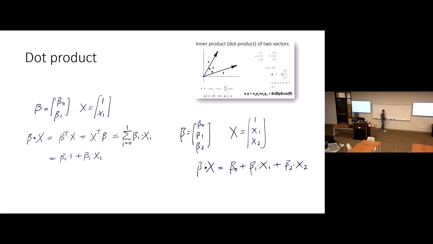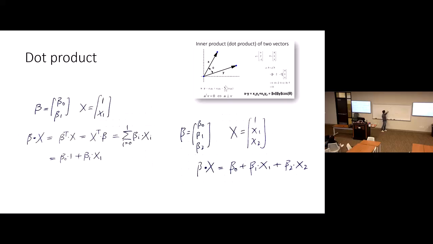So this is regression. Beta is the coefficient. Beta contains beta 0, beta 1, beta 2, depending on how many variables, the dimension of your input variable set. So beta is a variable that you can change.